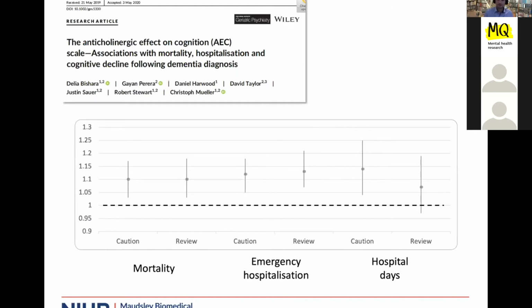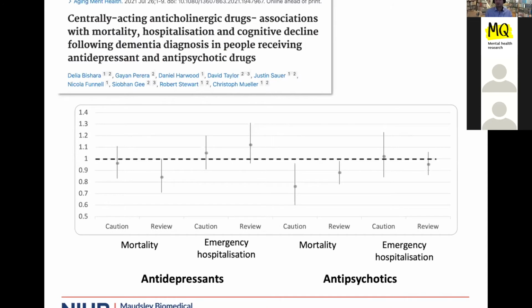We could, for example, show that if you take all medications with anticholinergic properties going into the brain, there's a higher risk of mortality and emergency hospitalization, and those people spend more time in hospital. When we looked specifically at antidepressants or antipsychotics, anticholinergic properties didn't seem to play so much of a role in relation to mortality and hospitalization. So that doesn't seem to be the main effect that causes problems in those medication groups.